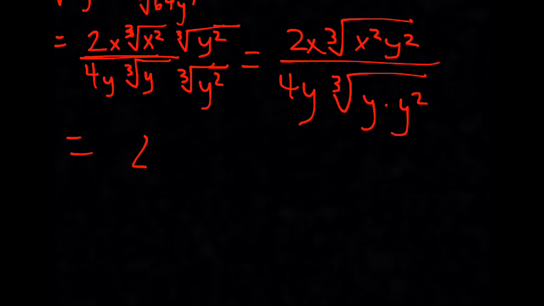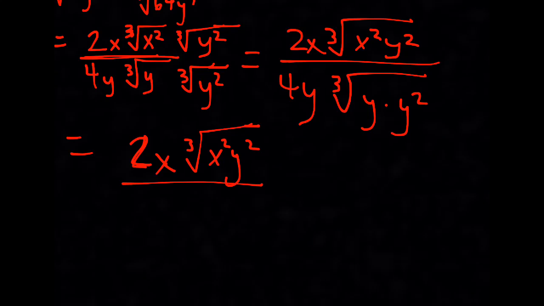From there, I can't simplify anything else on the top, because I've got x squared and y squared on the top, but I need 3 to be able to pull something out. Then on the bottom, I've got the 4 and the y.